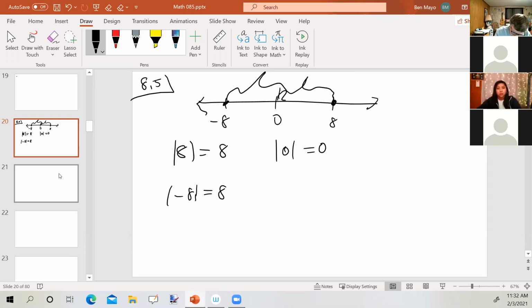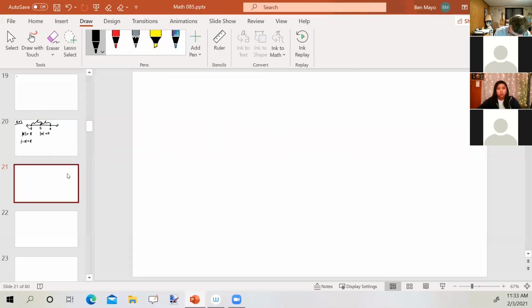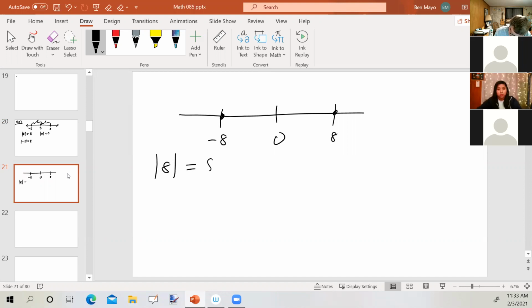All right, now, going back to this scenario, the absolute value of 8 equals 8, and the absolute value of -8 equals 8. So suppose we had the equation, the absolute value of x equals 8.